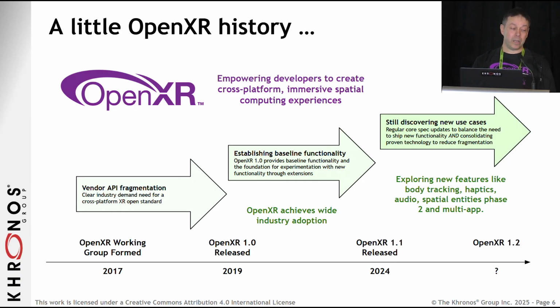A couple of years afterwards, in 2019, the 1.0 spec was released, actually at SIGGRAPH in Los Angeles. And at that point, we actually had 2 preview OpenXR implementations for headsets ready. We did a live demo at SIGGRAPH, showing that the spec was actually functional and it was possible to use it.